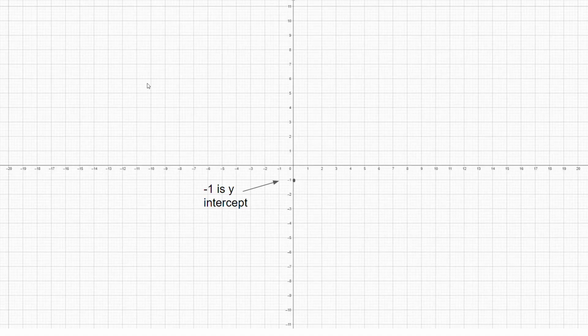Now let's draw the line. First we see that negative 1 is the y-intercept, so we put one of the points here, and the rise is 3, so we go up 3, 1, 2, 3, and run is 1, so we go right 1.